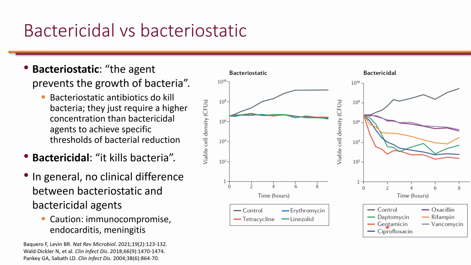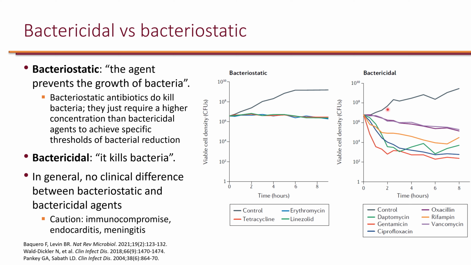For example, aminoglycosides such as gentamicin are famous for rapidly dropping the number of colony-forming units. So it actually kills pretty fast, and some of them kill slower. And these are all experimental, in vitro. So this is not necessarily inside a patient's body, but inside a test tube where these experiments have been conducted.